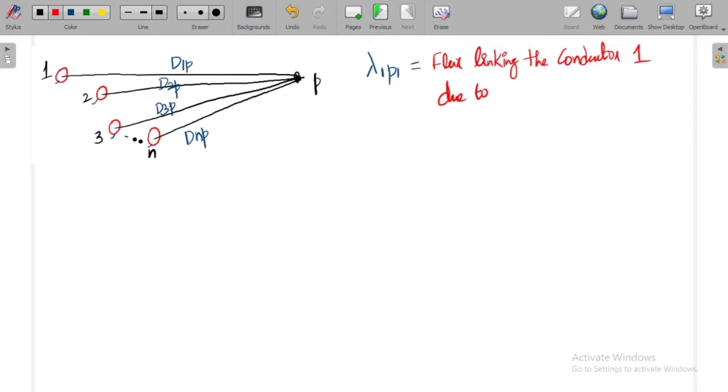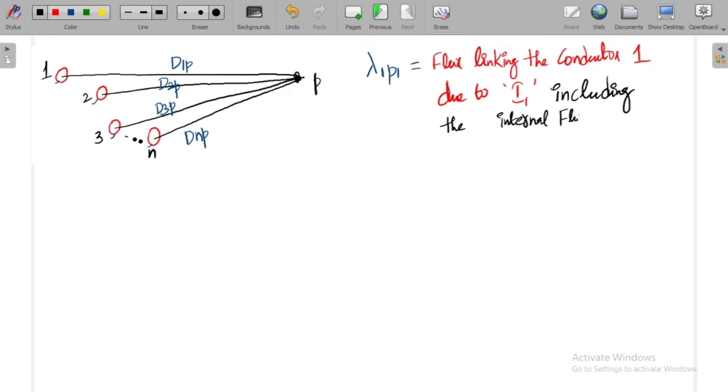This is lambda 1P1, as we have determined already in our previous videos. So I request all of you to go through the previous videos before seeing this video, because otherwise you miss a link between different topics. This is the third video which I am making on electric power transmission, right?